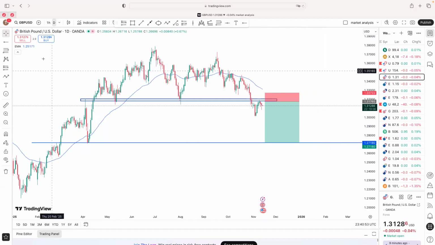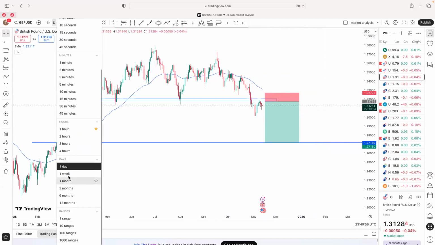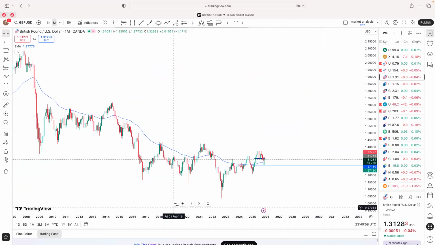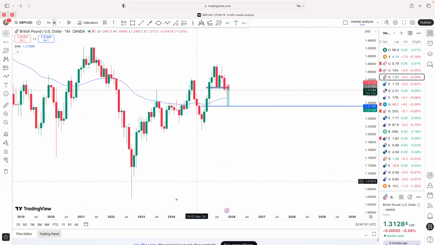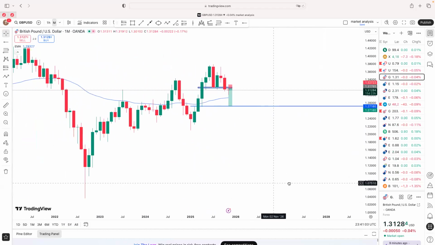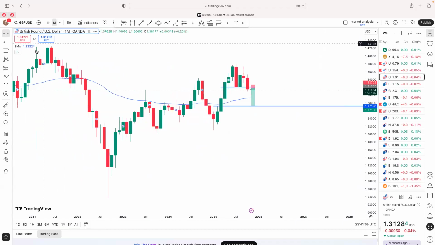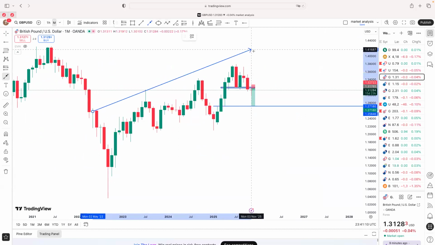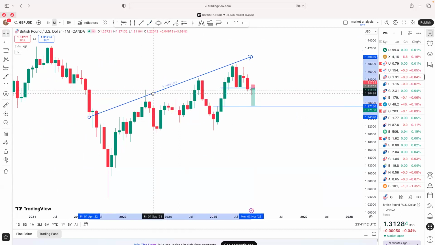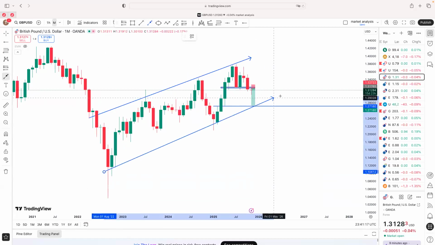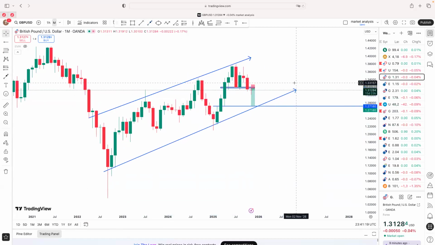On the bigger time frame, on the monthly time frame, right? We are riding on a downtrend.